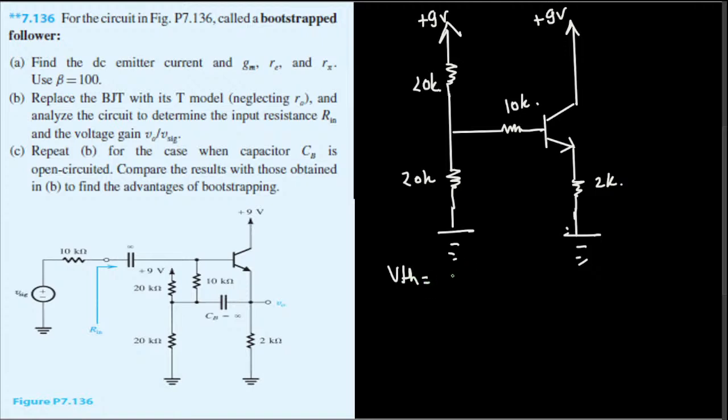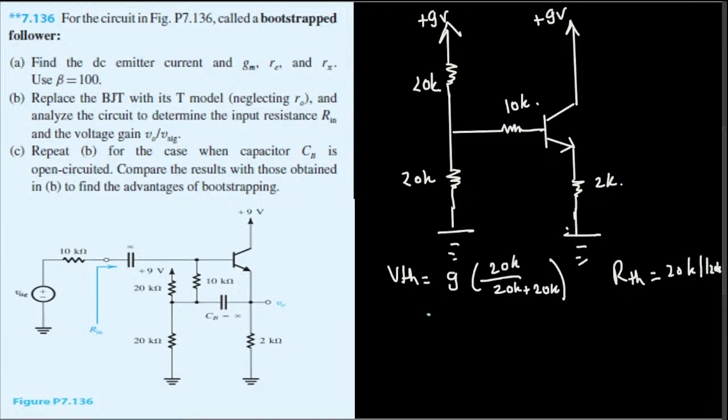V Thevenin is equal to 9 times 20k over 20k plus 20k in this case. And the R Thevenin is going to be the resistors in parallel, so 20k parallel 20k.